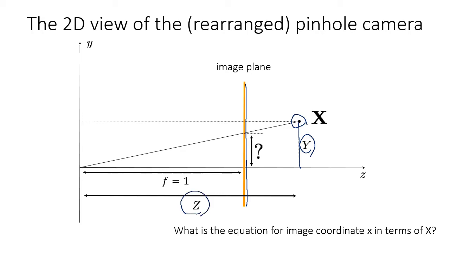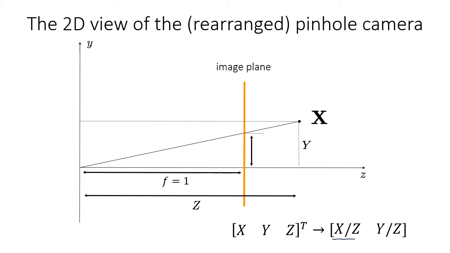We want to know the coordinate of this point, which is the central projection of this 3D point, the projection point of this uppercase X into this image plane. So what is the equation for image coordinate x in terms of this capital X?